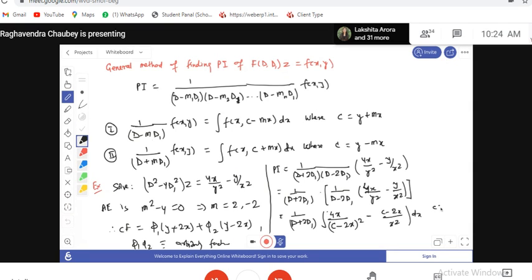And here what is c? So c equals y plus 2x. So you integrate this and then put the value in terms of y.